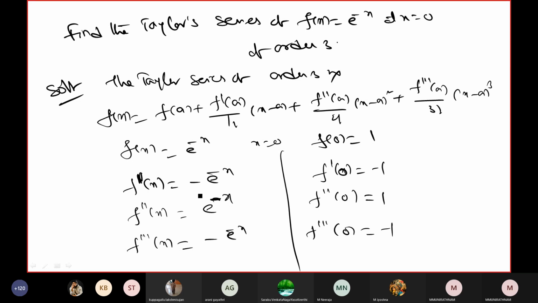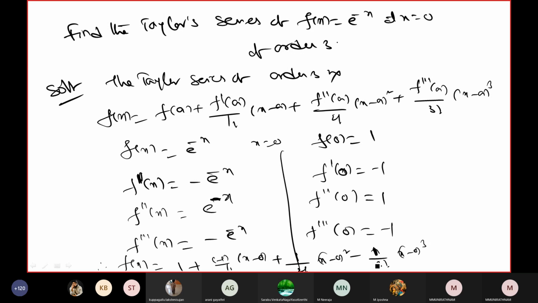Therefore f of x equal to 1 plus minus 1 by 1 factorial into x minus 0 plus 1 by 2 factorial into x minus 0 whole square minus 1 by 3 factorial into x minus 0 whole cube.